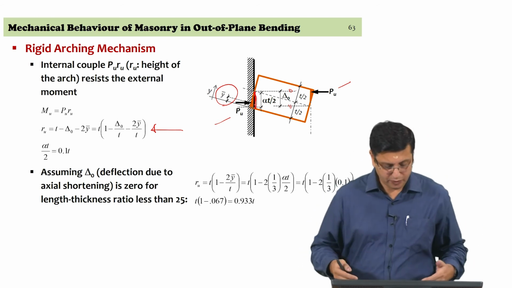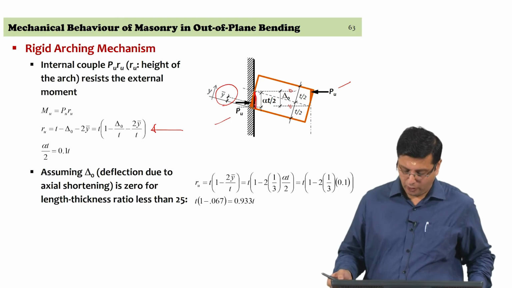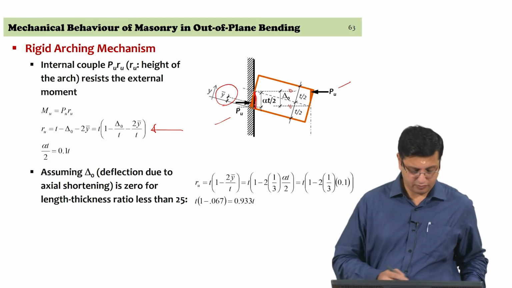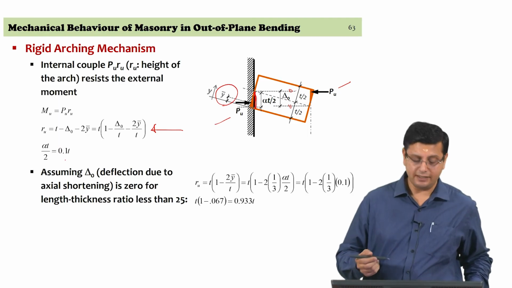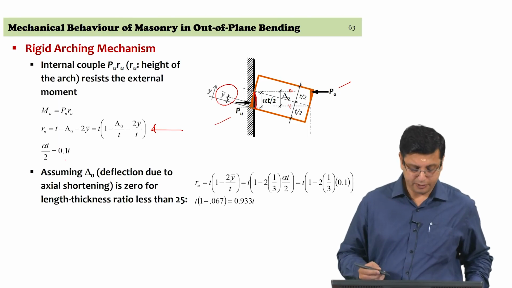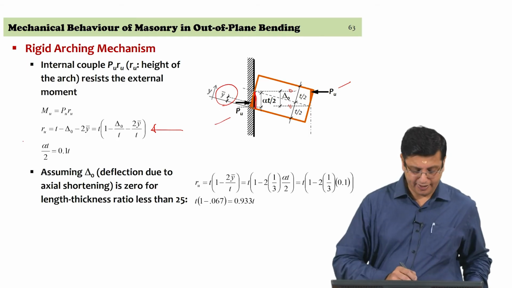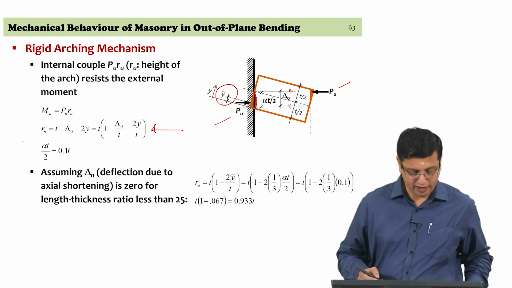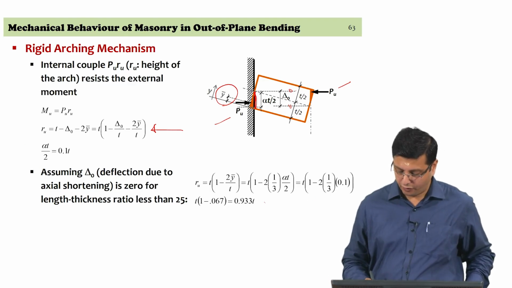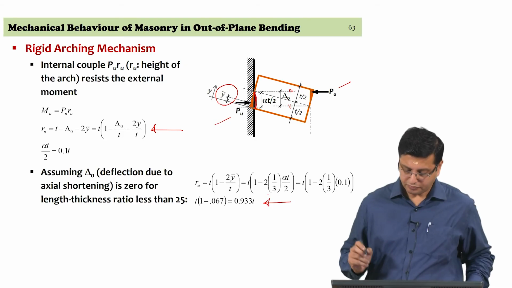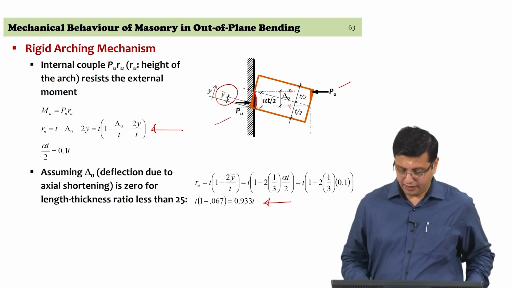Okay. So, with this assumption, if we were to get an estimate of Ru, if we assume that alpha t by 2 is 0.1 t, you can go back to the previous expression and write down alpha t by 2 is about 0.1 t, and then get an expression for what the rise itself is going to be.